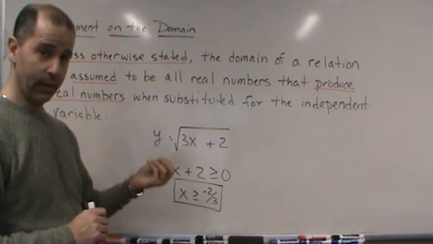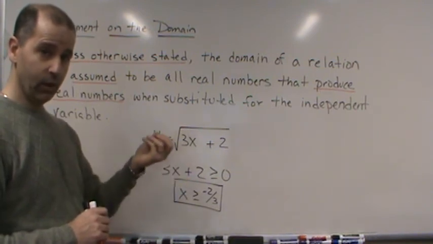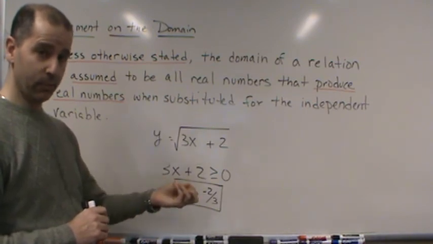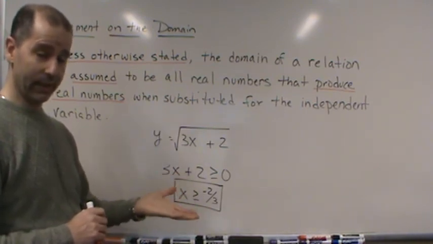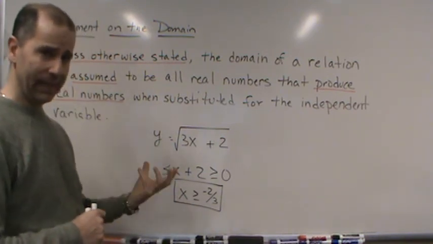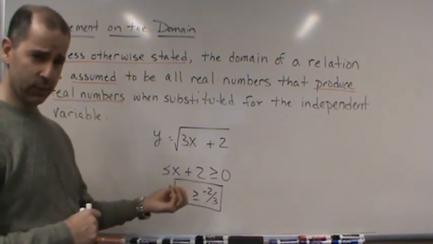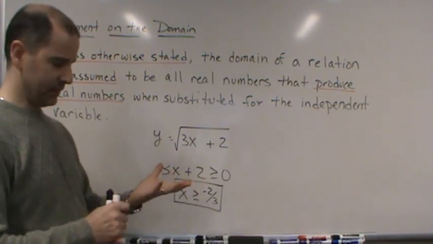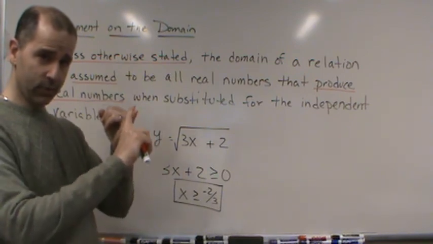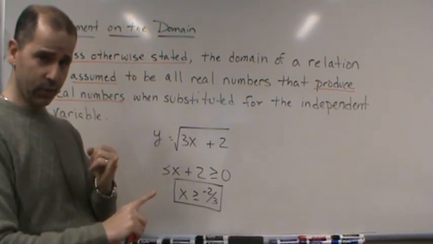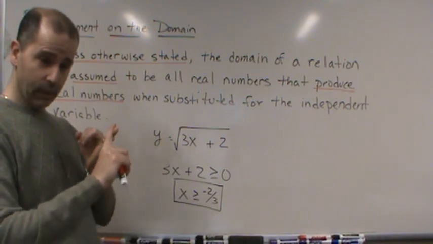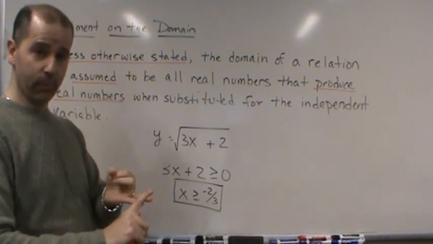So if we're talking about even roots, then any value that leads to a negative number under the radical is restricted, so it cannot be in the domain. So in general, the domain of any algebraic expression is all real numbers except any values of the independent variable that lead to either 0 in the denominator, which we can't have, or the even root of a negative number.